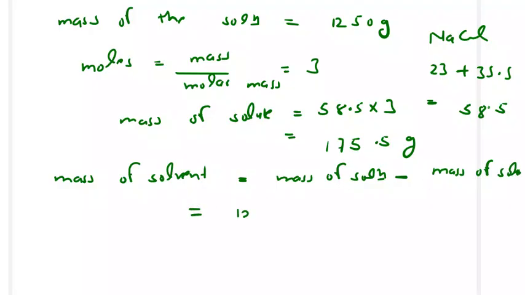Mass of solution 1250 gram minus 175.5. On subtraction, we got 1074.5 gram, which is the mass of the solvent.